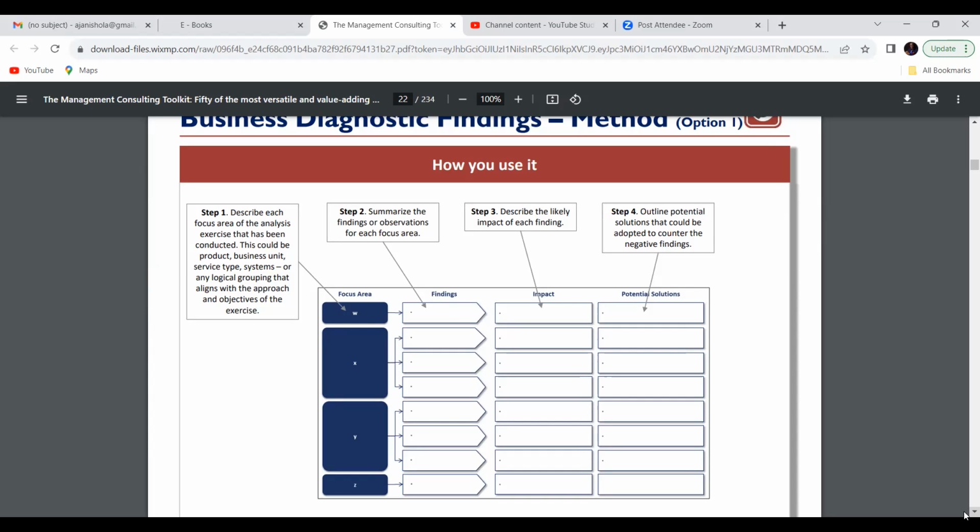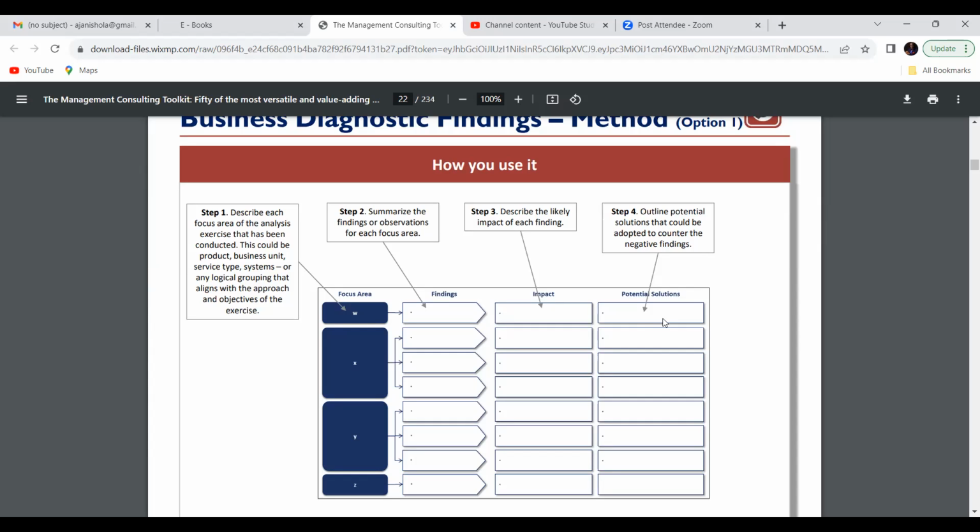So it's not just about identifying negative findings within your study area, but carrying out a detailed impact analysis of those findings on the business, and then coming up with strategies, solutions, and recommendations for consulting implementation to counter the negative findings.